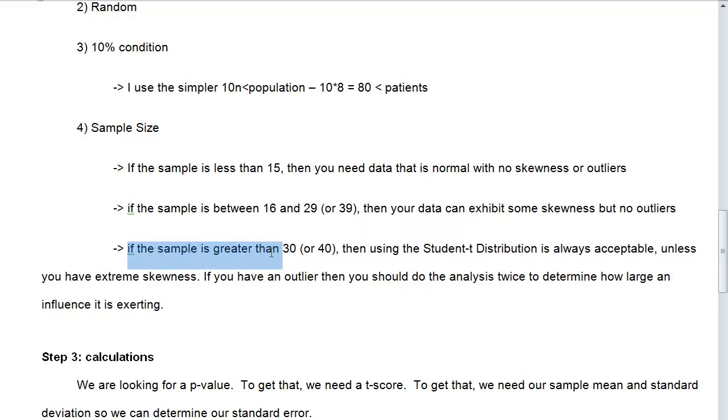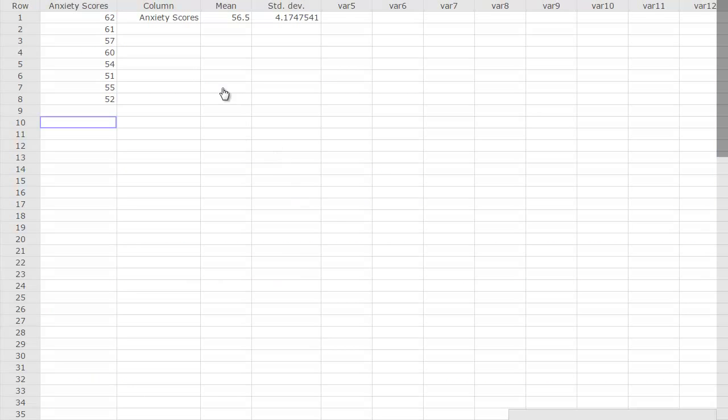And then, of course, if the sample is greater than 30 or 40, depending on your book, professor, discipline, then we have this final condition, right? But ours is 8. 8 is less than 15. So the only thing I'm concerned about is that the data does need to be very normal with no skewness or outliers. Okay? And so how am I going to do that? Well, really what I need to do is look at the histogram. And so I'm going to go back to StatCrunch, right?